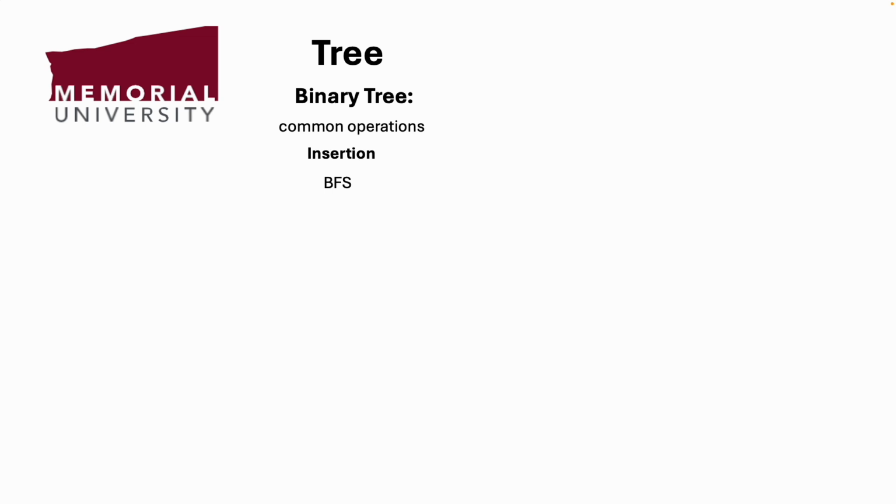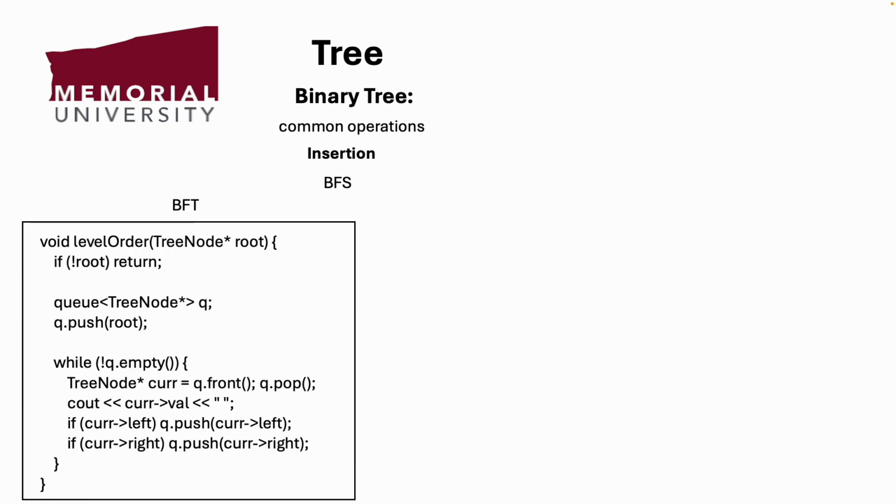Now let's look at code that uses breadth first search to insert a node. Let's recall the breadth first traversal, which we talked about in the last lecture. This is the code for breadth first traversal. We're leveraging the structure of a queue. So how can we convert this breadth first traversal into the insert function?